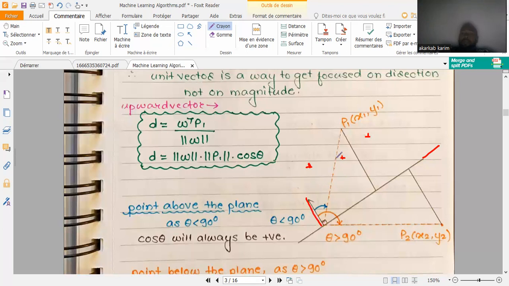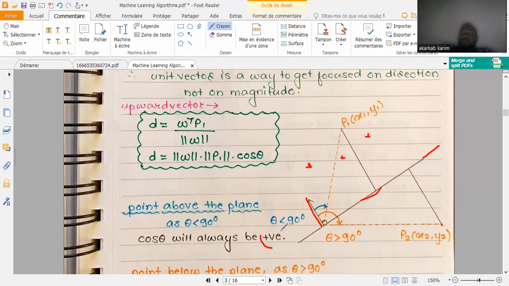Any point that we take here should be at less than 90 degrees, and this point is considered a positive point. So we have the plane here, and this point is above the plane, so a point above the plane is a positive point.